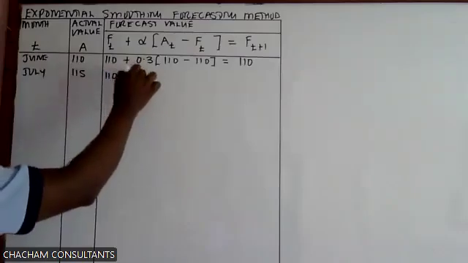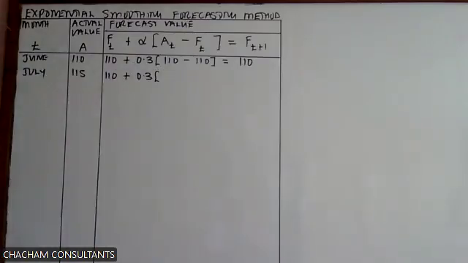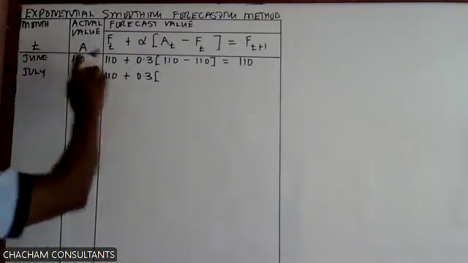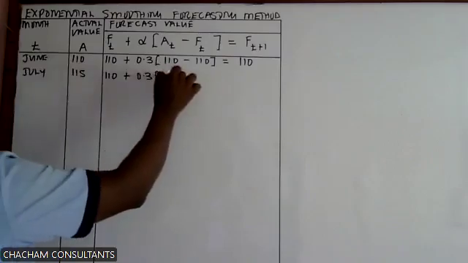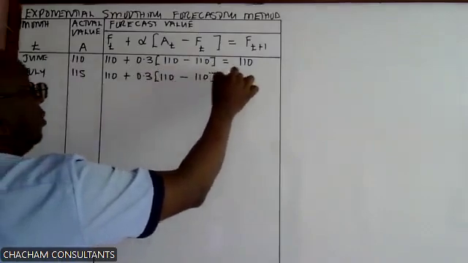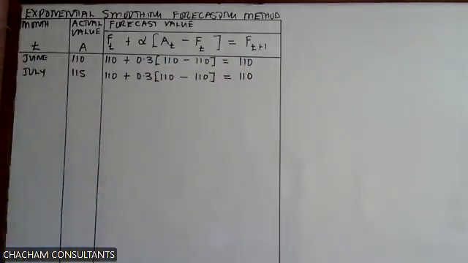Then for the actual, you take the one preceding, 110. The forecast still remains, and you notice that the answer is still the same.